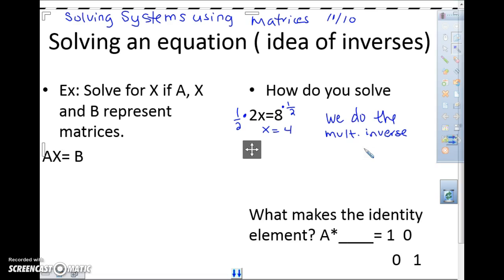So if we think about matrices, if we have some matrix A, what would we need to multiply it by in order to get our identity, 1, 0, 0, 1? What would be its multiplicative inverse?